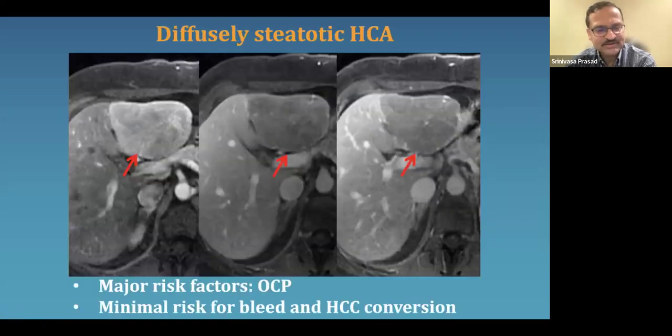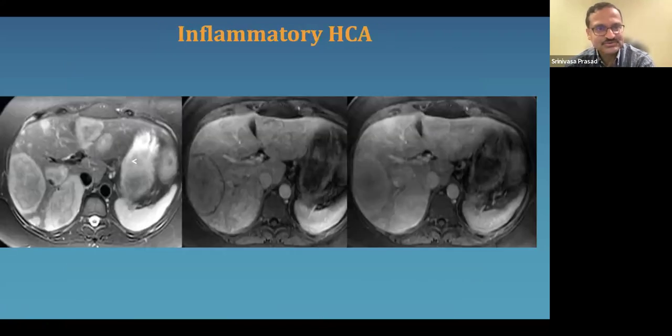The steatotic ones have very low risk for bleeding or hepatocellular carcinoma or malignant change, as opposed to the inflammatory adenomas that tend to show high T2 signal intensity, and there is a border very similar to that of the CSF. So you can have a very high signal intensity border surrounding a heterogeneous area on T2-weighted images.